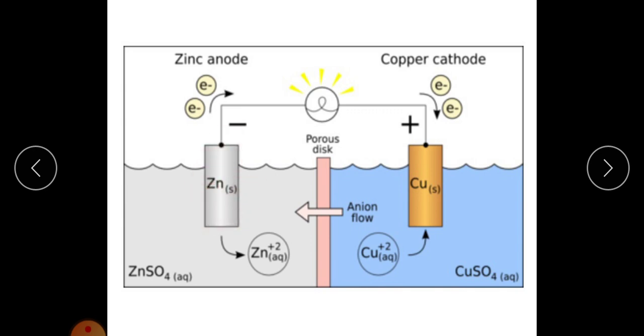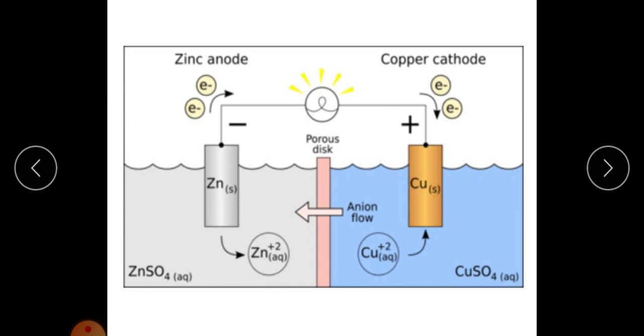Now the liberated electrons move along the metallic conductor and are accepted by the copper, which acts as a cathode, and it undergoes the process of reduction, that is electronation.